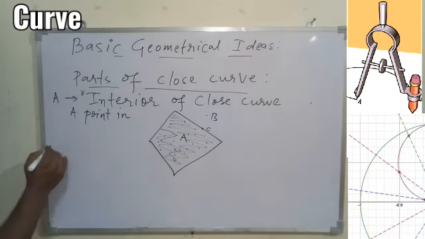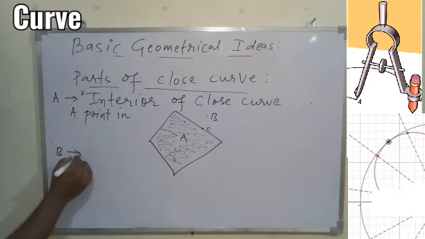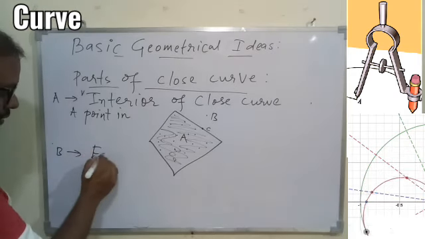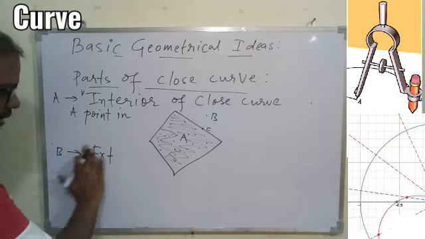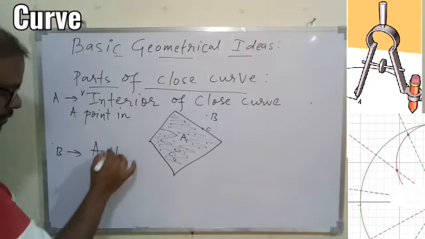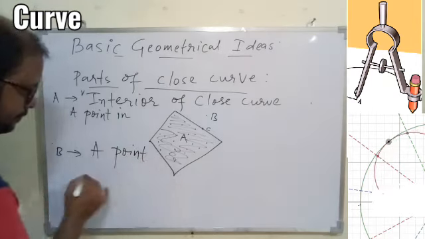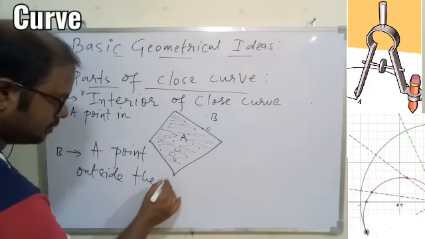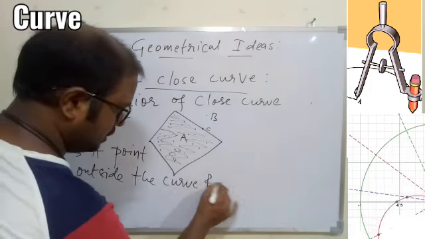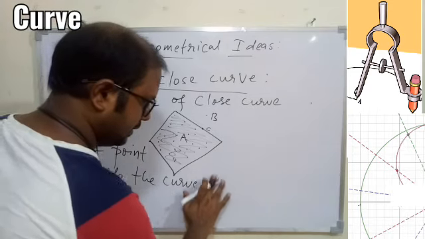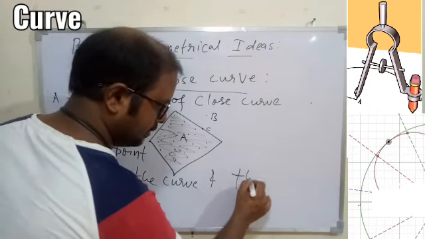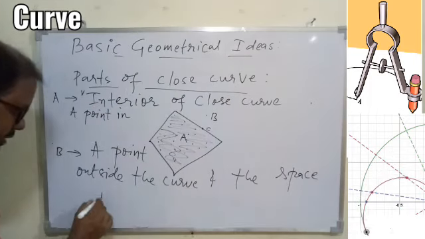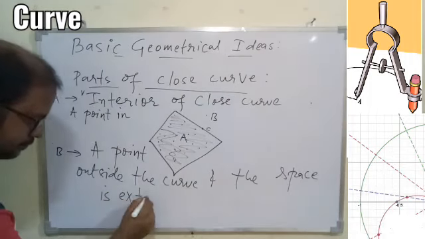And then we have a point B, which is outside the space. So we can say exterior, or again a point outside the curve, and the space is exterior.